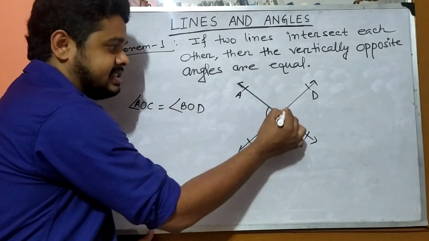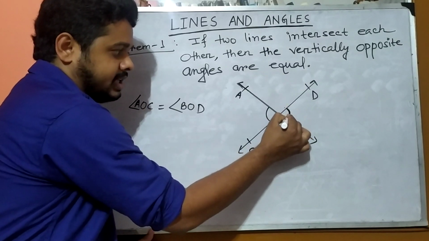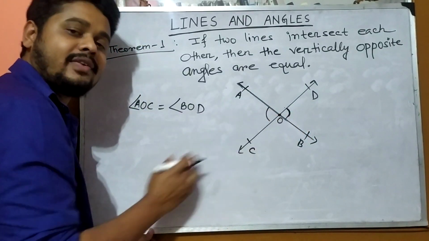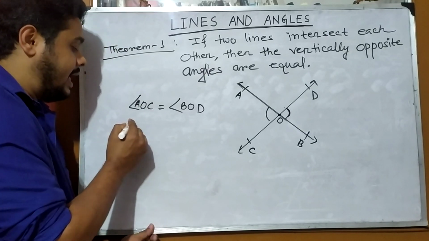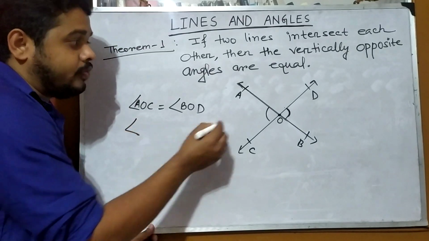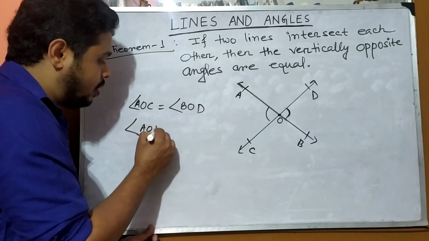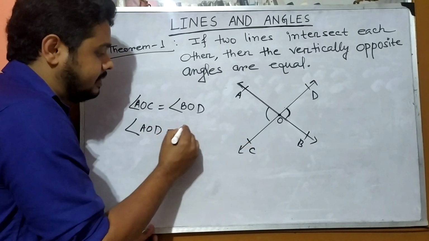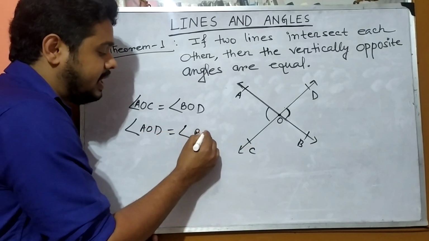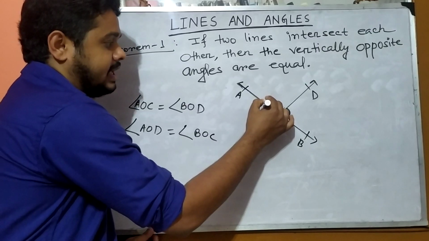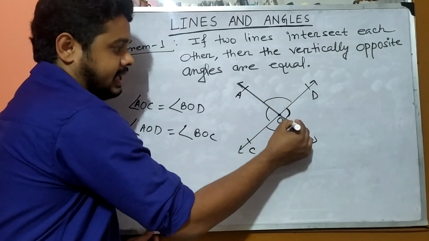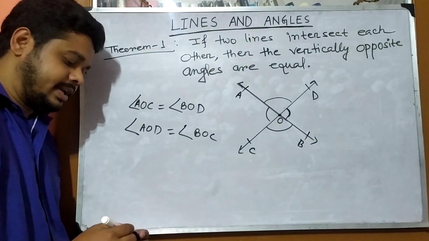This means this angle equals this angle, because they are vertically opposite angles. And we have to prove angle AOD equals angle BOC. That means this angle equals this angle. Clear?